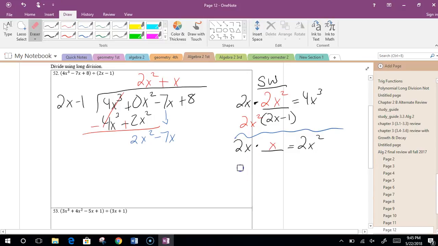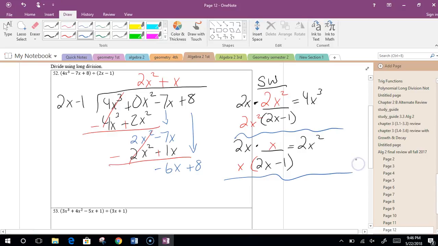So we'll take the x times our divisor, 2x minus 1, and distribute. That's going to give me 2x squared minus 1x. Draw your line, change your signs, cancel the first ones out. Negative 7 plus 1 would end up giving me a negative 6x. Bring down your next term, plus 8.